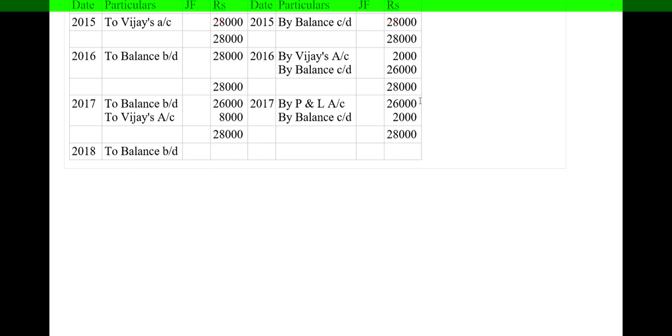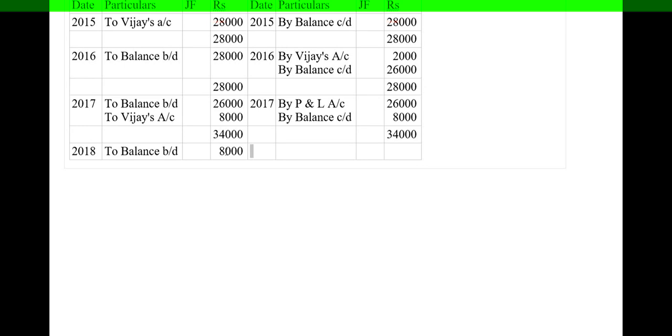Now in 2018, this is balance brought down here. The total I have made is wrong, so 34,000 is the total. So here 8,000 is the balance remaining, so here it is 34,000. I should take 34. So the balance brought down will be only rupees 8,000 here.